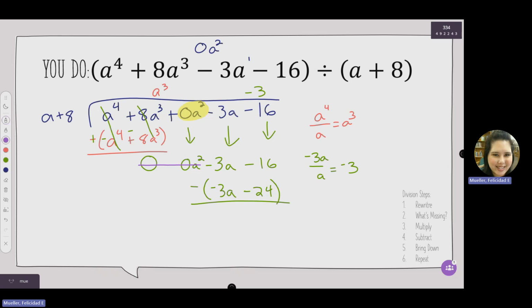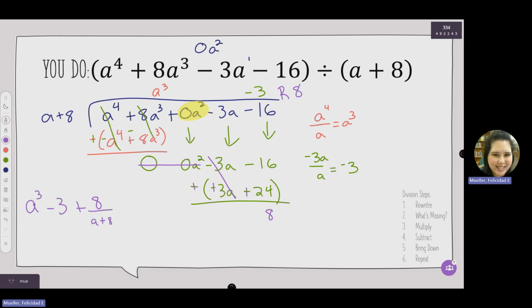So we're going to flip our signs, plus, plus, plus. 3a's cancel out. Negative 16 plus 24 is positive 8. We finally have a remainder that is positive. So our final answer is going to be a cubed minus 3 plus 8 over a plus 8.